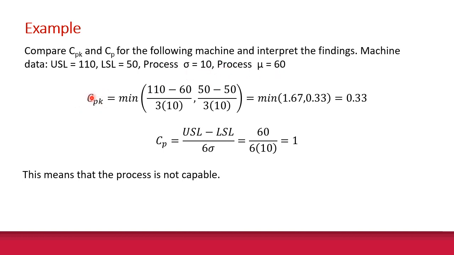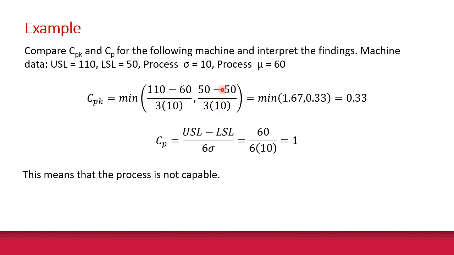So if you compute the C sub Pk value from the data given, you compare the lower specification to the upper specification. So 110 minus 60 over 3 times sigma is the first term, and then 60 minus 50 over 3 times 10.